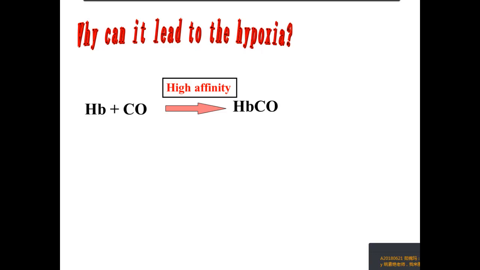So the affinity of hemoglobin for carbon monoxide is more than for oxygen, maybe 210 times.